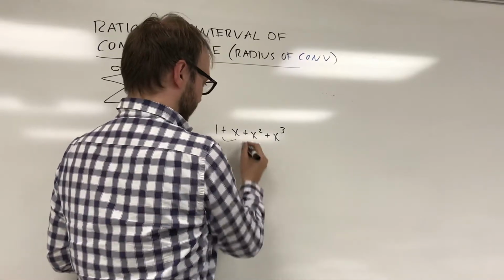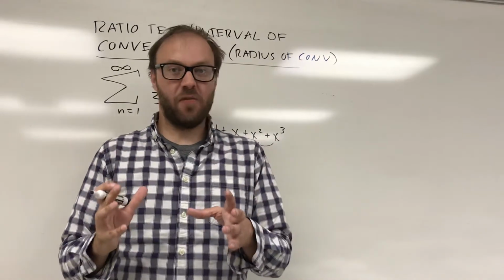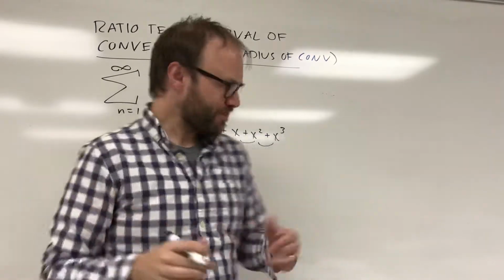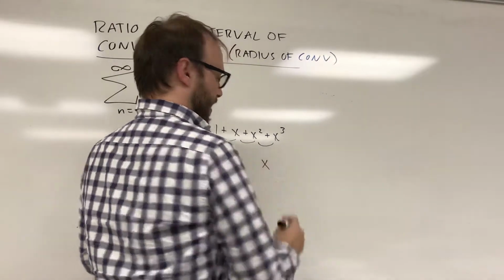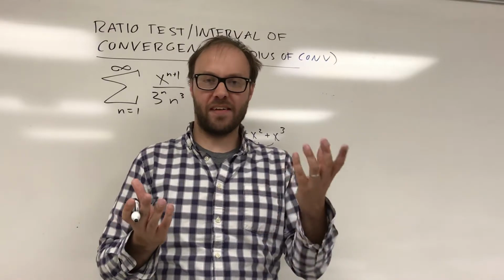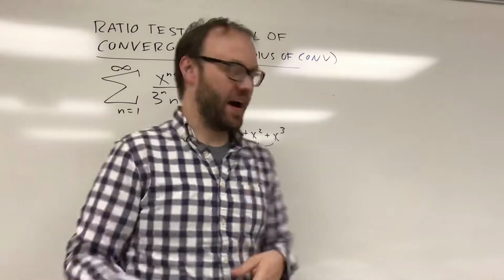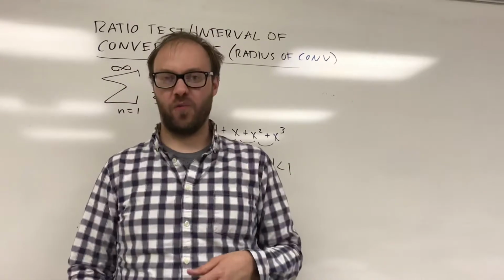I'm multiplying by x, multiplying by x, multiplying by x. That series is not always convergent. That geometric series is only convergent when x is between -1 and +1. And in fact, a lot of times we'll say the absolute value of x is less than 1.